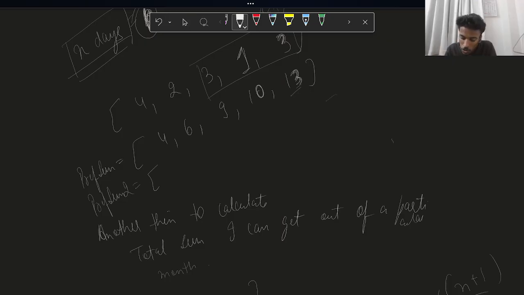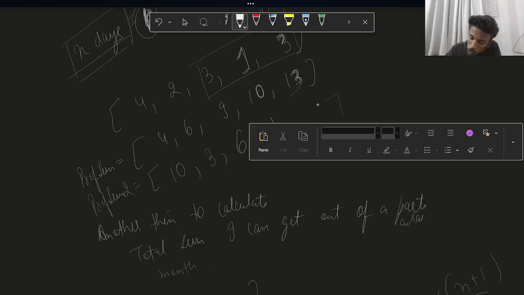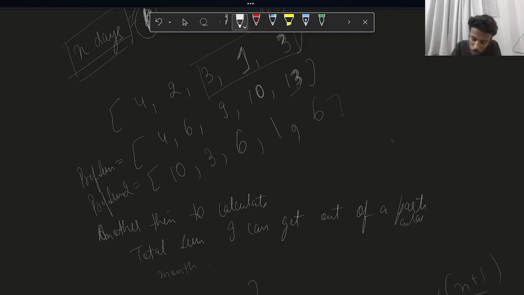You will see what the use of it is. 4 will give 4 into 5 by 2, which is 10. 2 into 3 by 2 is 3. 3 into 4 by 2 is 6. 1 into 2 by 2 is 1. 3 into 4 by 2 is again 6. This is not yet a prefix sum array, we need to sum it also. So 10 plus 3 is 13, 13 plus 6 is 19.